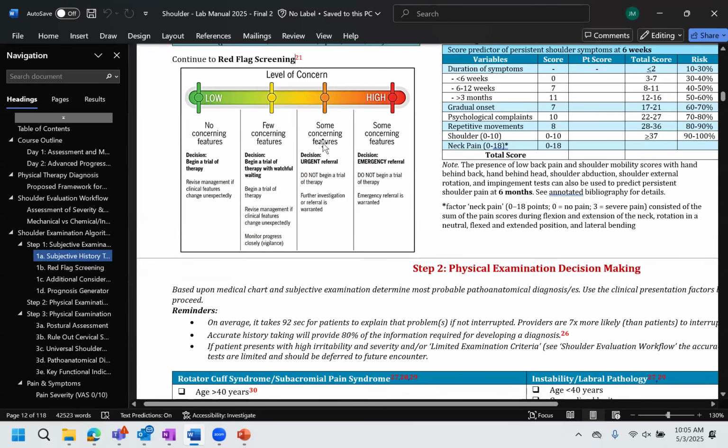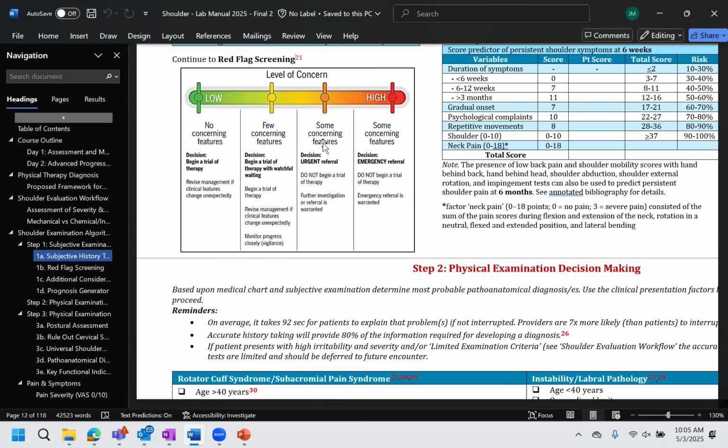And then, again, I tried to make it streamlined, yet also simultaneously extensive. So the red flag screening, so you have level of concern. It's on a sliding scale. Again, it's not a dichotomy, right? So do you have no concern? Rarely. At other times, right?